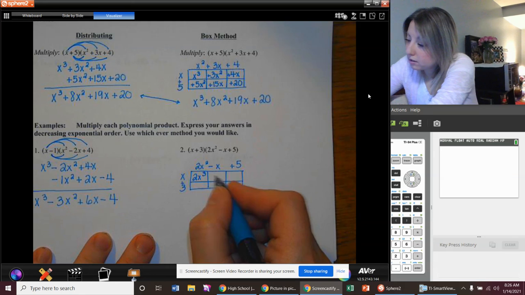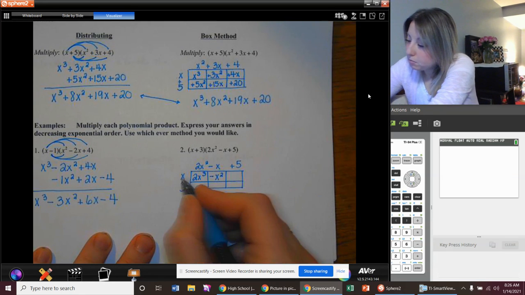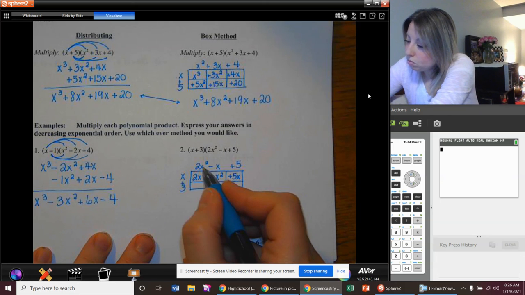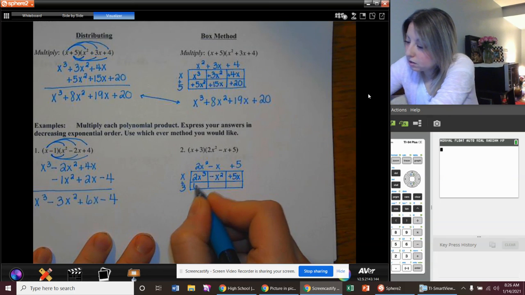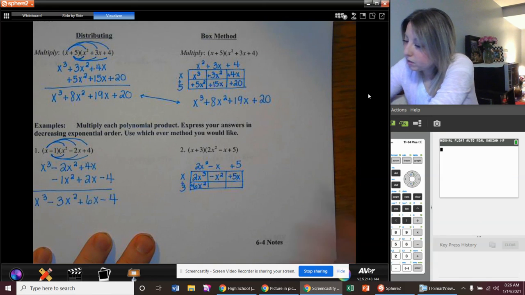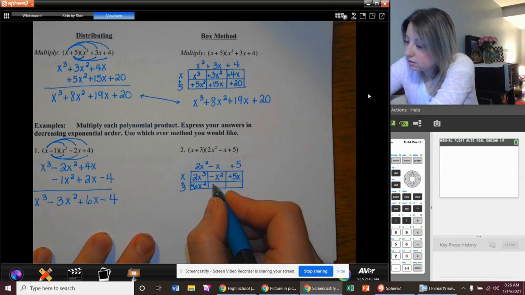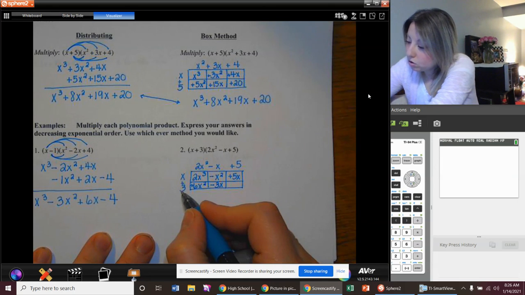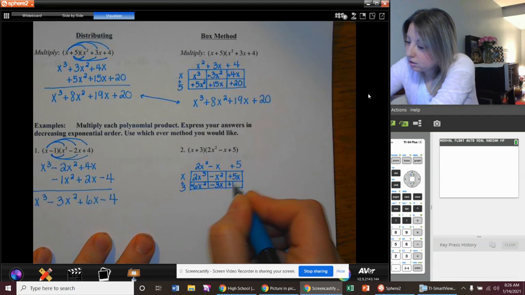Negative x times x is negative x squared. 5 times x is positive 5x. 2x squared times 3 is positive 6x squared. Negative x times 3 is negative 3x. And 5 times 3 is plus 15 here.